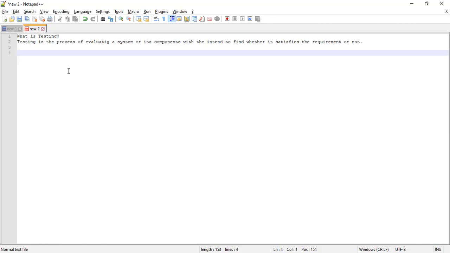Why do we need testing? As I told you, we have to check whether it is according to the requirement or not. Why do we do testing in the development phase, and not after everything is put into production? Because there is a cost involved. Say the development team has developed a code for a bank application where you have to log in.